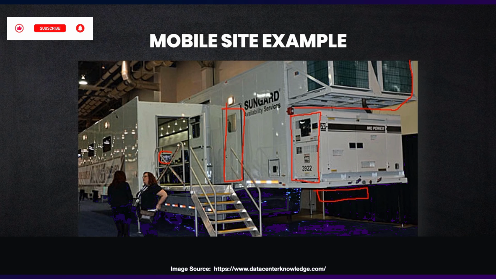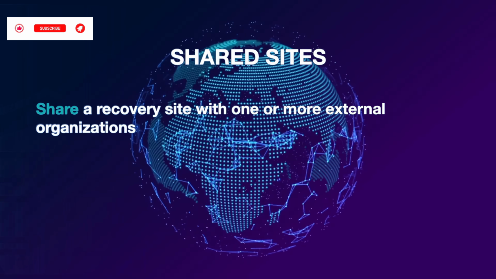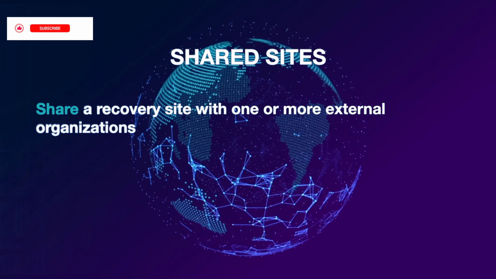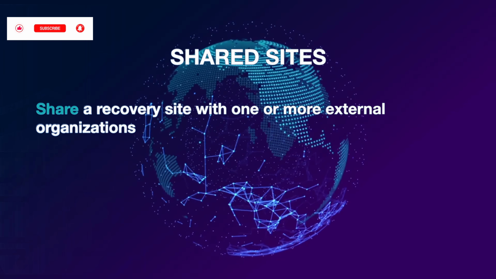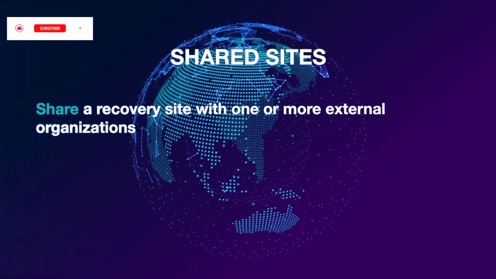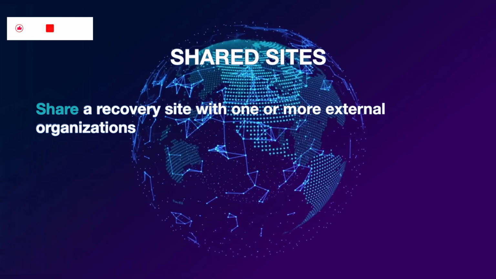Another option is the shared site, where you are sharing it with one or more external organizations. So you can do this with any of the other sites, hot, cold, warm, mobile, however you want to do it. But this is basically between two or more companies that want to share disaster recovery.